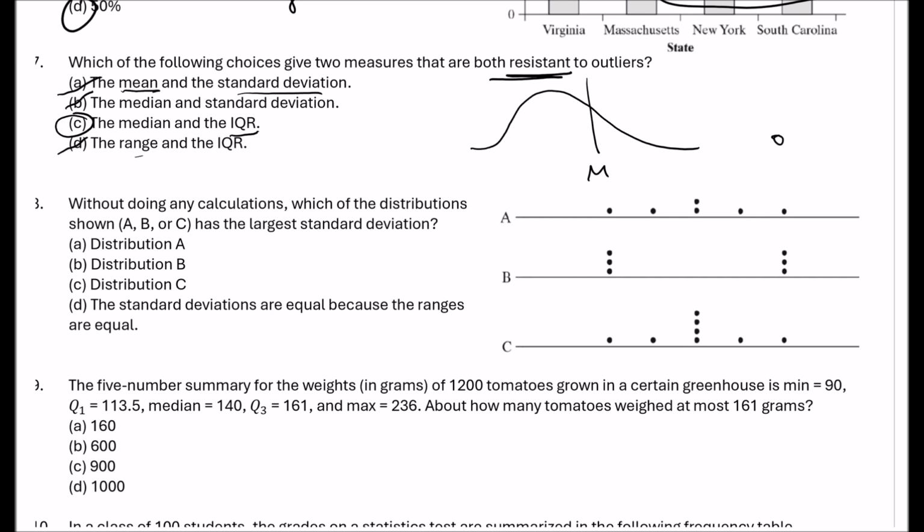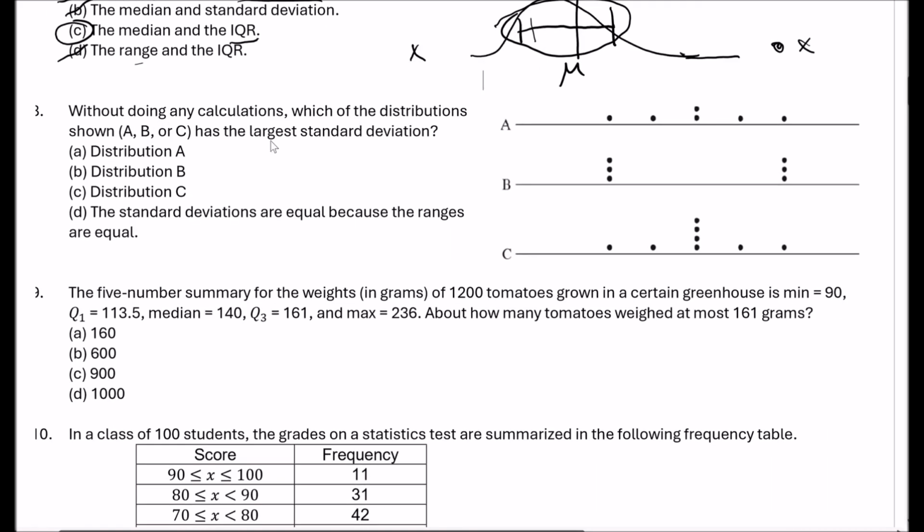Well, then if I introduce an outlier here, it's not really going to change where the middle of the distribution is, right? And same thing for the IQR. If the IQR measures the range of the middle 50% of the data, then if I introduce an outlier on the left side or on the right side, it's not really going to impact the IQR very much, right? Because the IQR measures the middle 50%.